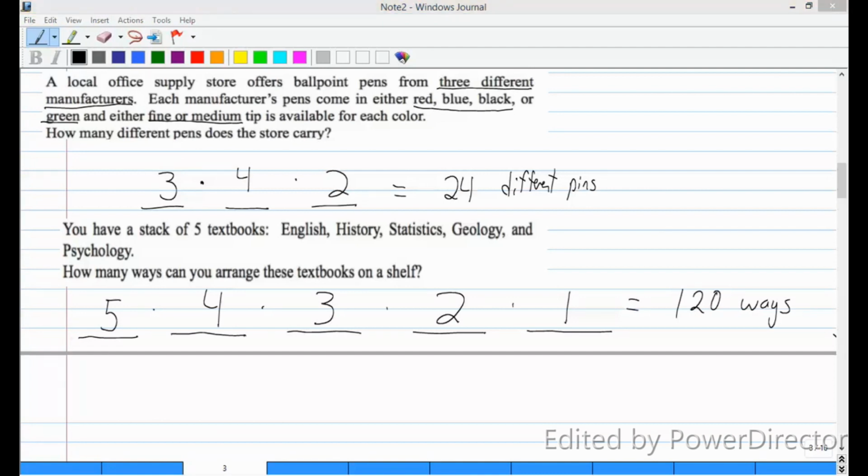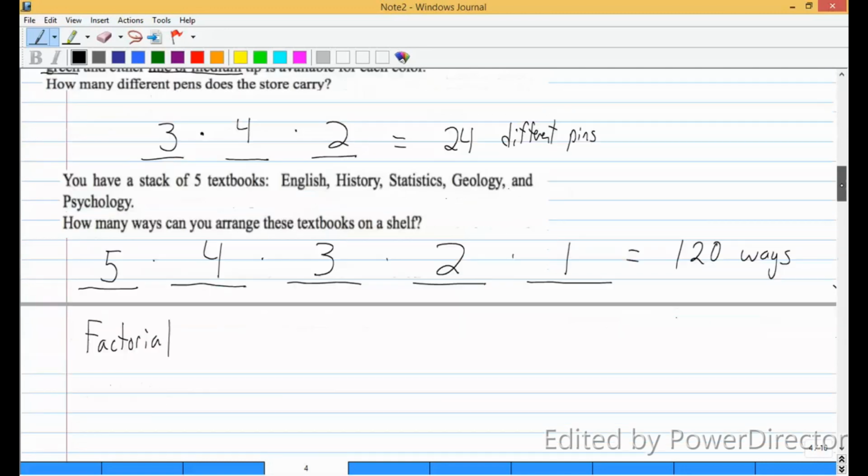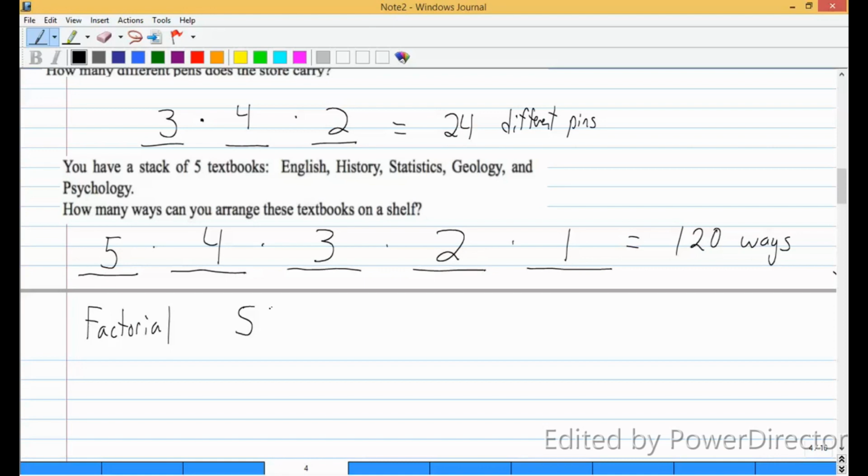Okay, not this problem, but this calculation that we just did, 5 times 4 times 3 times 2 times 1, counting down like that and multiplying, has a special name. It's called factorial. All right, and so 5 with an exclamation point behind it means 5 factorial.